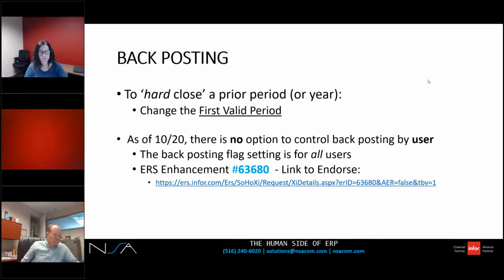Or we run into this with publicly held firms or with companies that need to produce financial statements for the bank within, let's say, 6 working days of the new month. There is no setting today where you can say, lock this down for all but specific users.